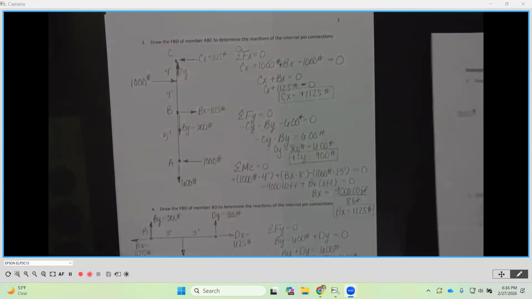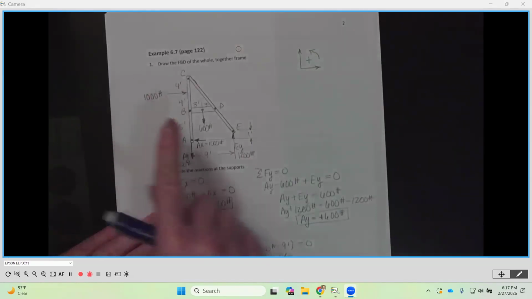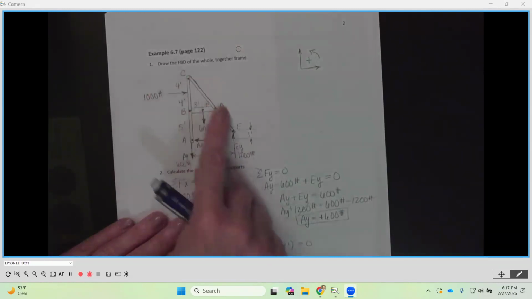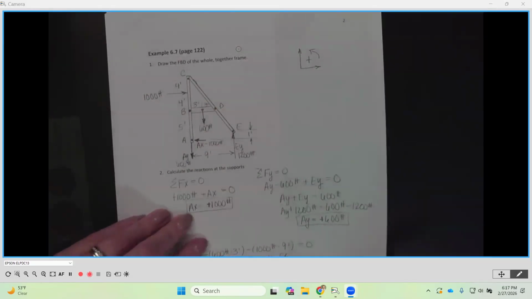Now, if we look back at our original all-together frame, we now have done ABC and BD. We need to go ahead and do member CDE.